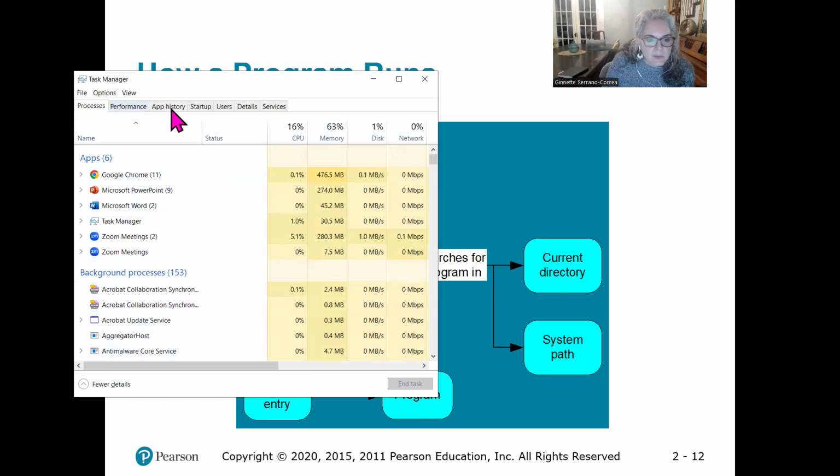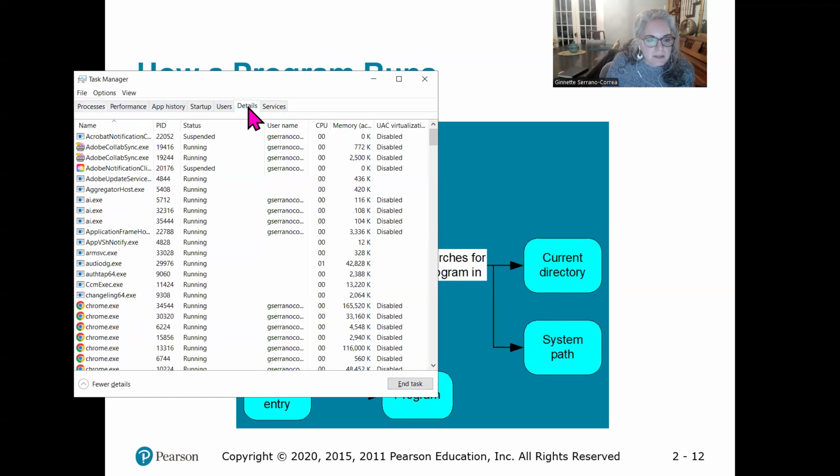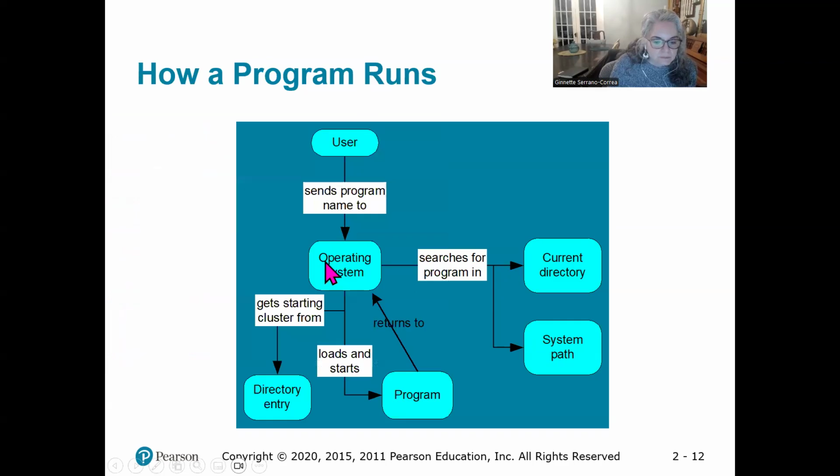You can also see the process ID in the details. So here's the unique process ID that's assigned to each one of them. And here's our directory, where the operating system will enter the processes that are running.